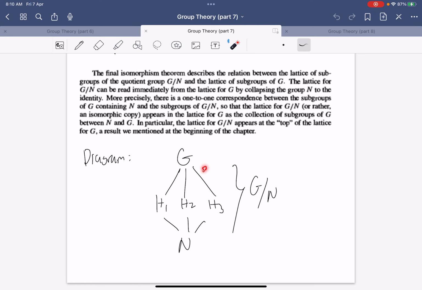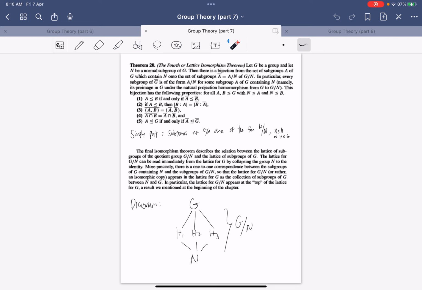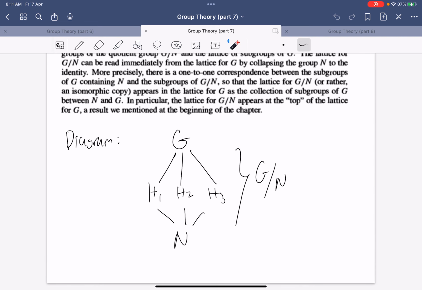So you can just see now the quotient group here, it will be lying in here. So this part represents your quotient group, everything above N. That's why it's known as the lattice isomorphism theorem, because you can really visualize it in terms of the lattice structure.